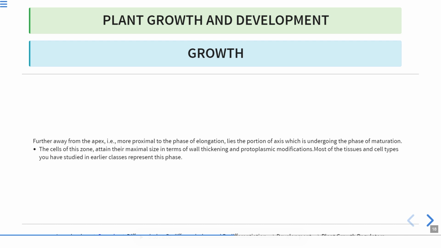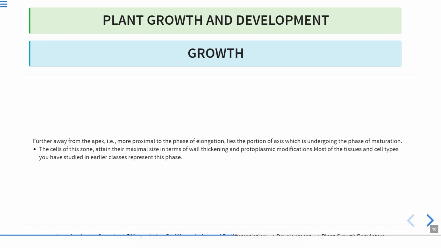Whatever protoplasmic modification is required has taken place. You can also see the thickening of the wall. There is more thickening of the wall in the maturation zone.